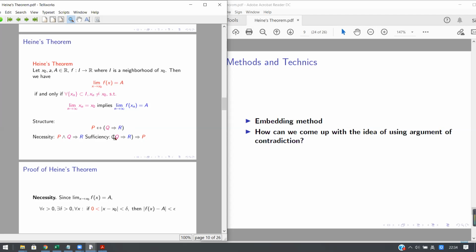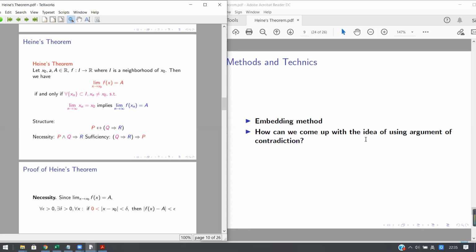Because when you want to apply Q implies R, you need to first deduce Q is true, which we don't know. And also Q implies R is the only condition we can apply for the sufficient part, right? So what should we do?